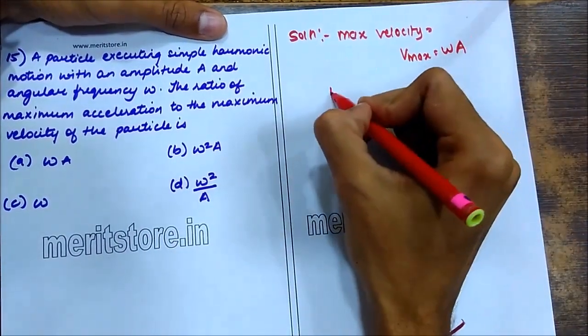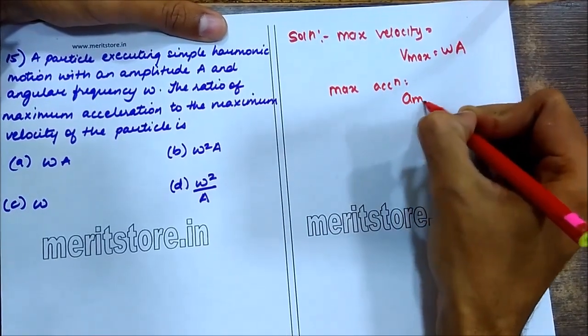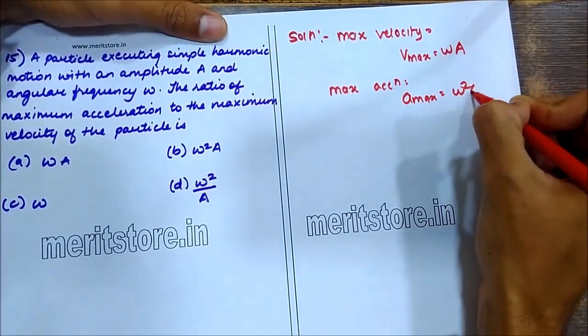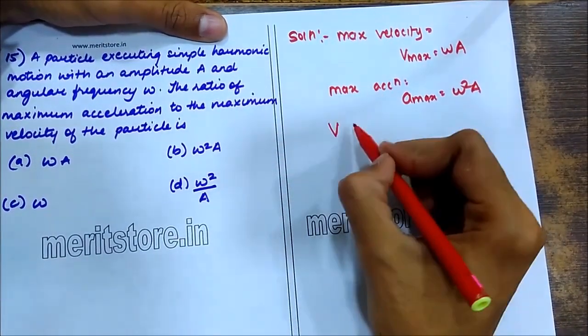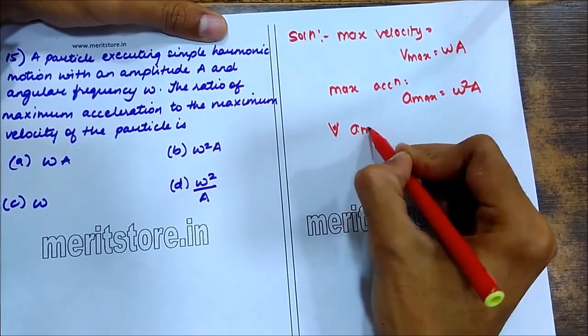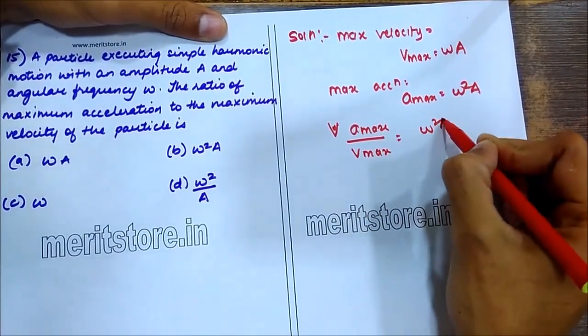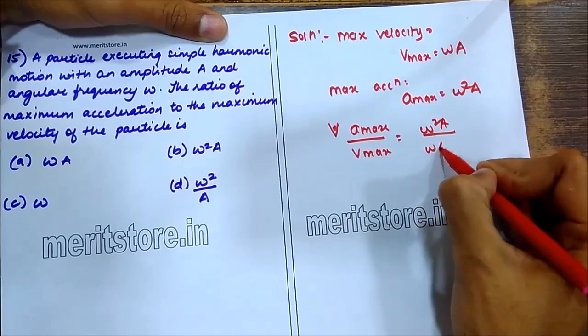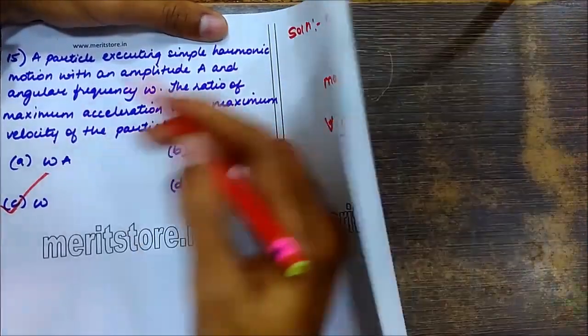And for maximum acceleration, a max, we have omega square a. So the ratio of maximum acceleration to maximum velocity, a max upon v max, will be omega square a upon omega a. That gives you omega. So the correct option is C, omega.